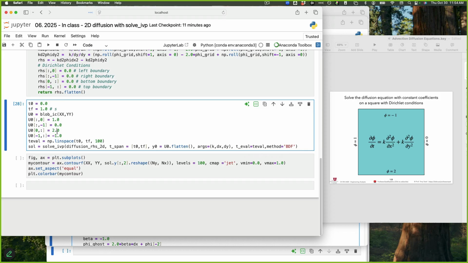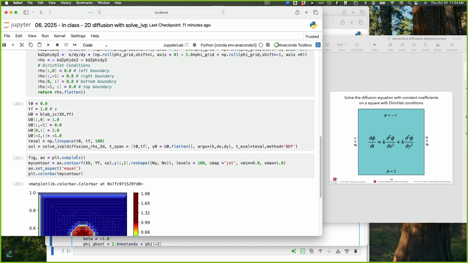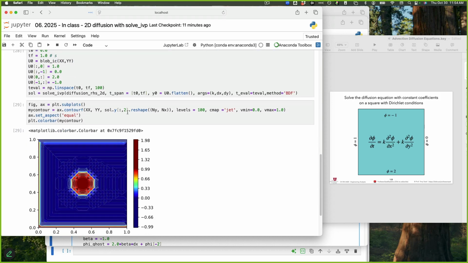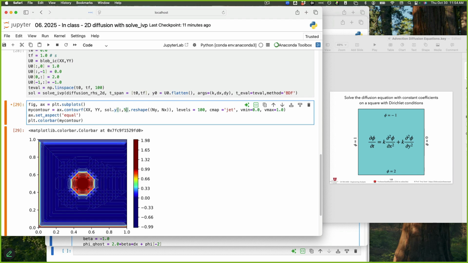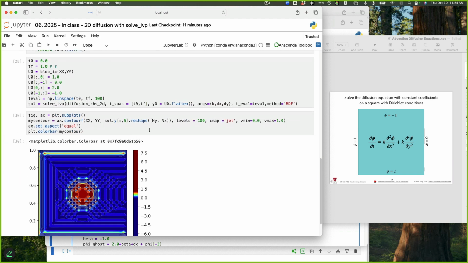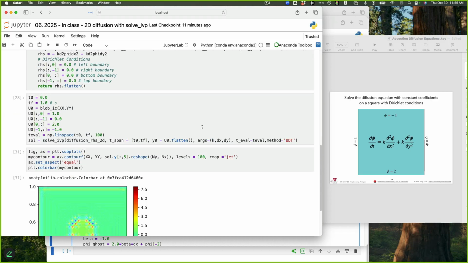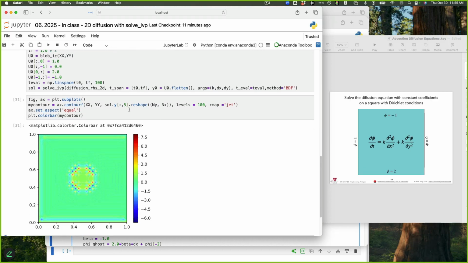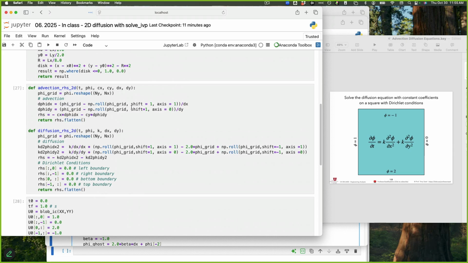Okay, let's see. Okay, so it ran. Okay, this is 5. It looks very, very weird because of this Vmin and Vmax. Okay, it's still giving me grief.